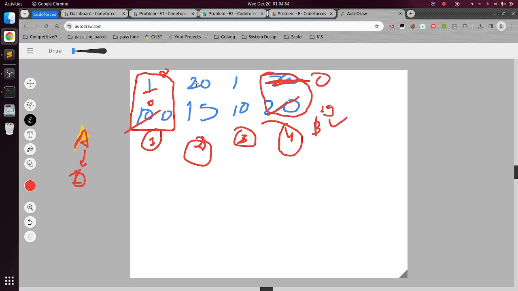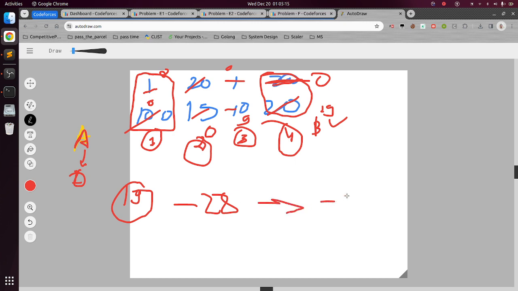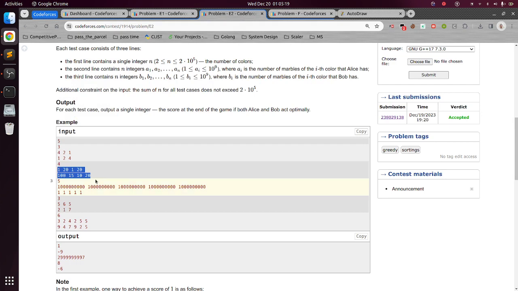Then Allies chooses this and makes his score 19, and he makes his score 0. Then Bob chooses this, he makes his score 9 and makes his score 0. So 9, 19 is 28, and this comes out to be -9. This is the most optimal way of dealing with things, I guess.